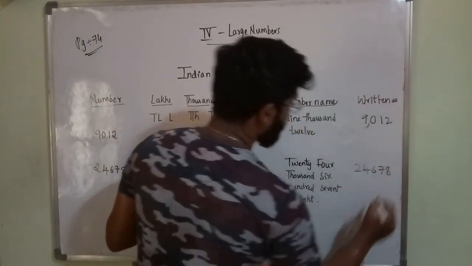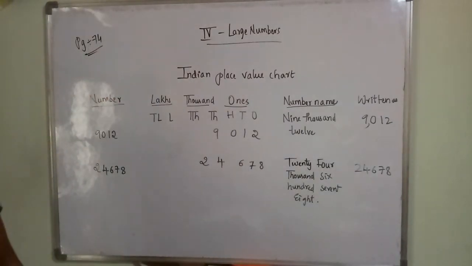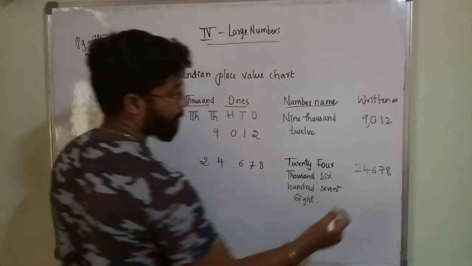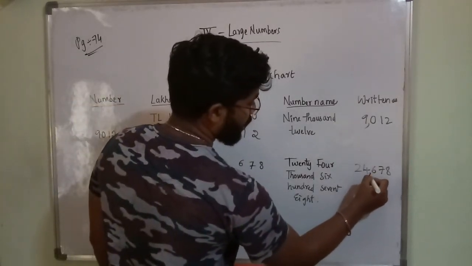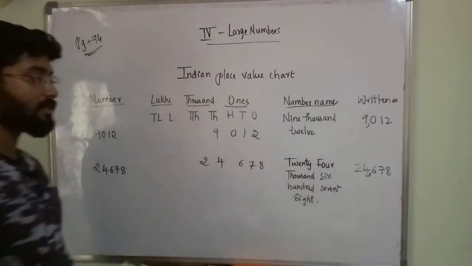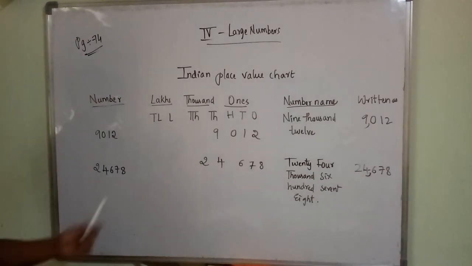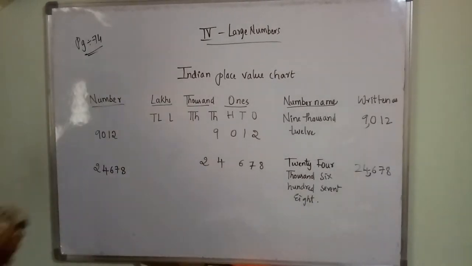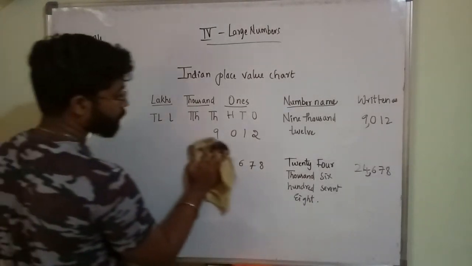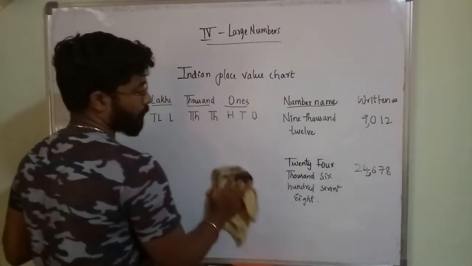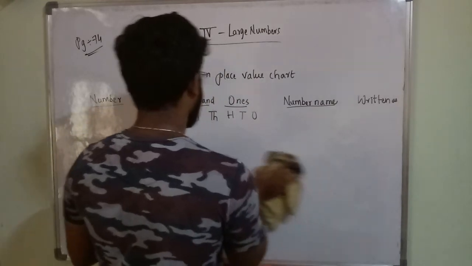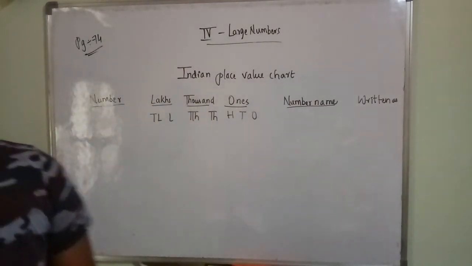How can you separate this with commas? After the first 3 digits you have to put a comma here. Then you will get the next 2 digits. 24,678. So this is how we have written it in the Indian place value system. So these 2 numbers we have completed. Next.